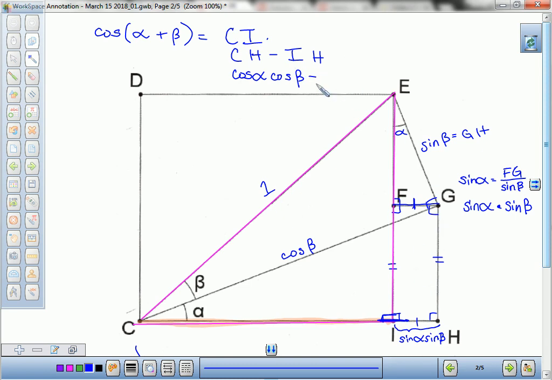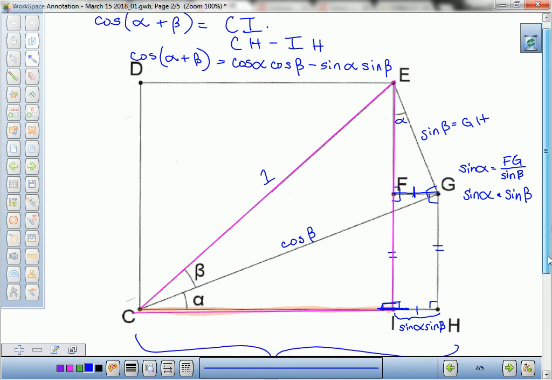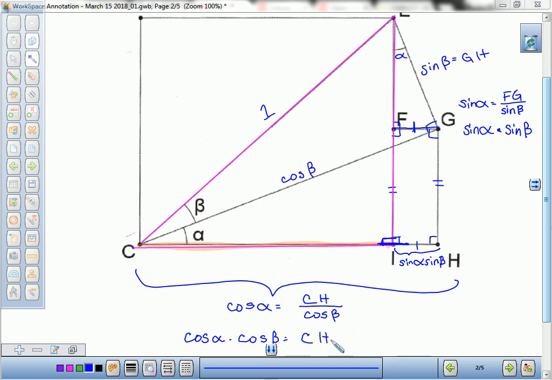Minus IH, which was sine alpha times sine beta. And now we get, this is the sum formula for cosine. That's it. What was the bottom? The bottom was this.